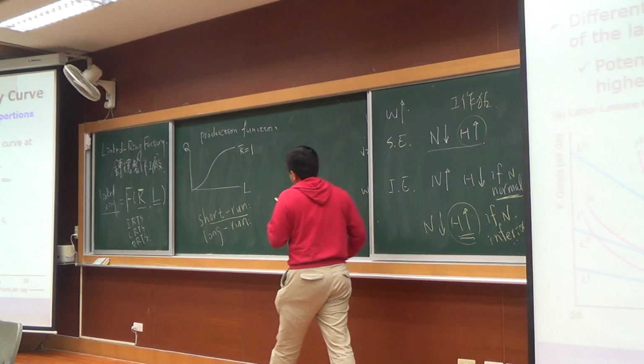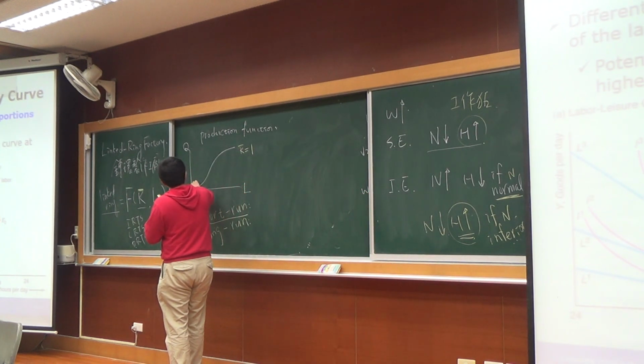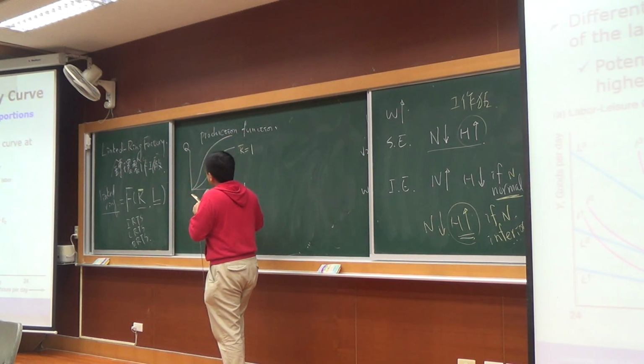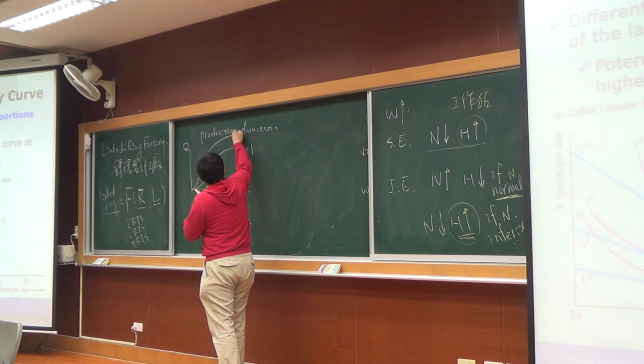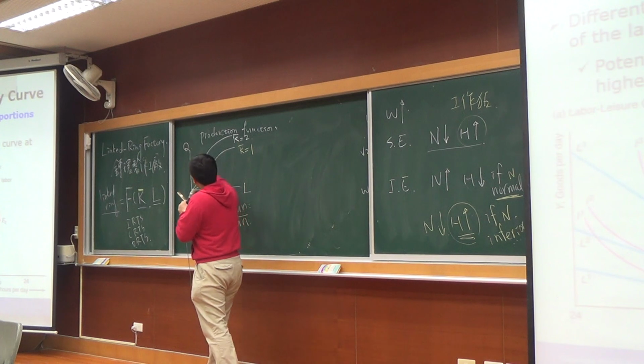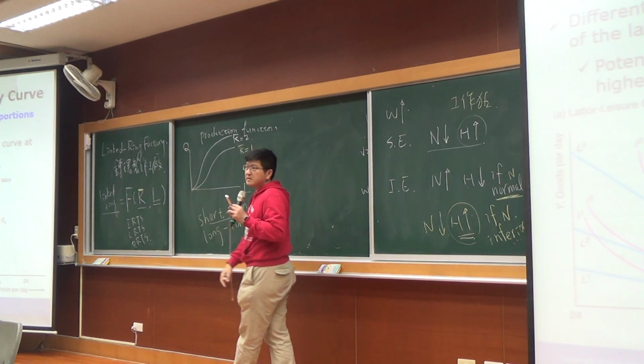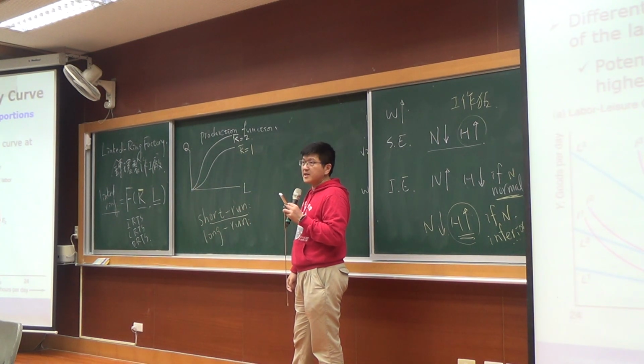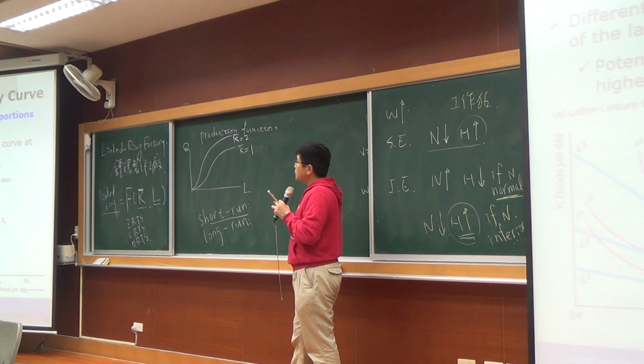And if we give your team two sets of capital, then your production function will be higher. So remember this?